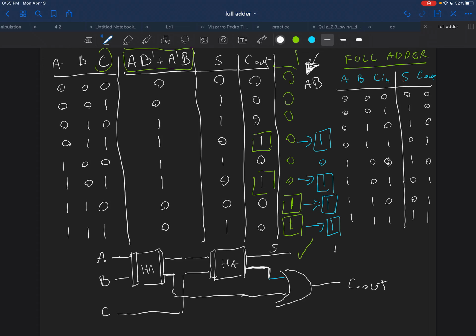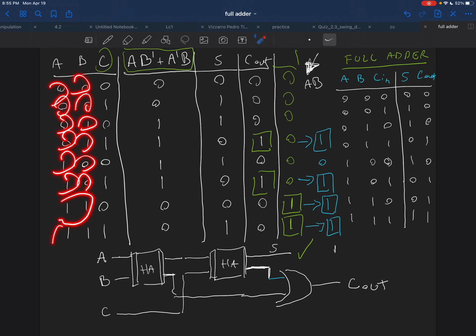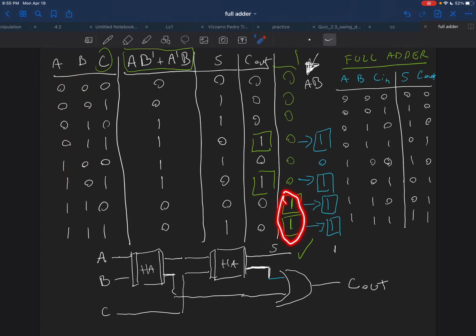So you look at the table and you say, is A and B true? No. No. No. No. No. Yes. And yes. We fabricate the function we need based on what is missing. This was missing. We needed this. We didn't care about the rest. So we ask, what function can we make where these are true? And that's how we get the Cout.